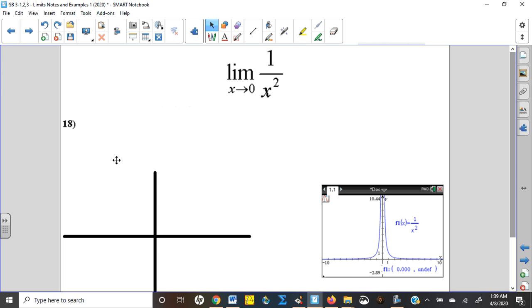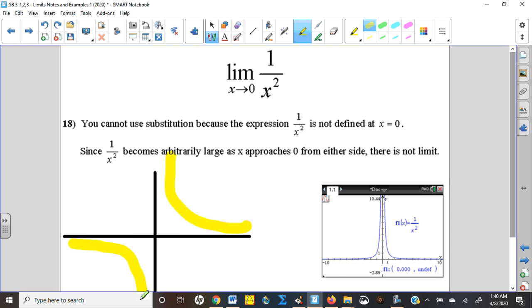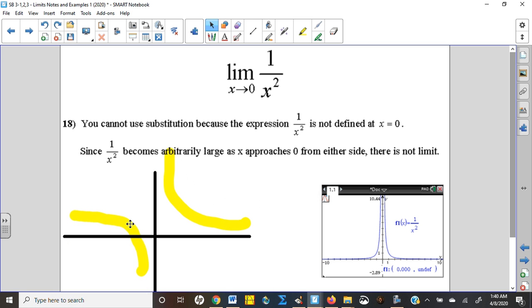This guy right here has an x squared in the denominator, which we can't have, because you cannot have zeros in the denominator. Now, we know that 1 over x would look kind of like this, and kind of like this. What the 1 over x squared is going to do is make these go up and down faster, but it's also going to make all of the values positive, right?